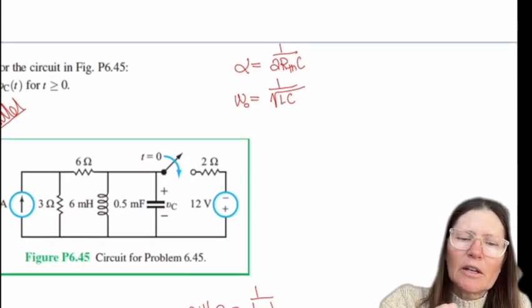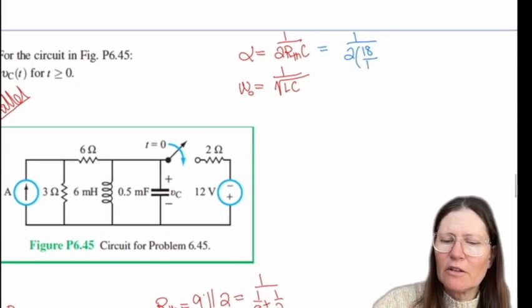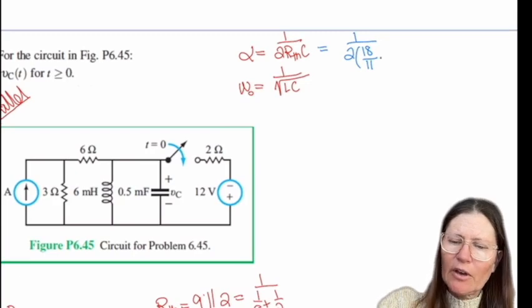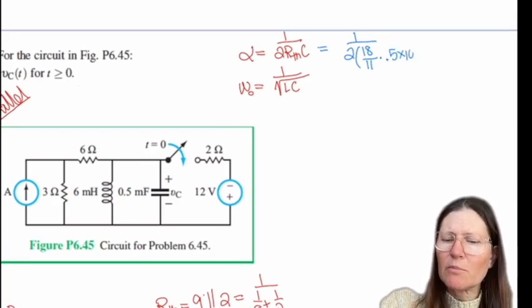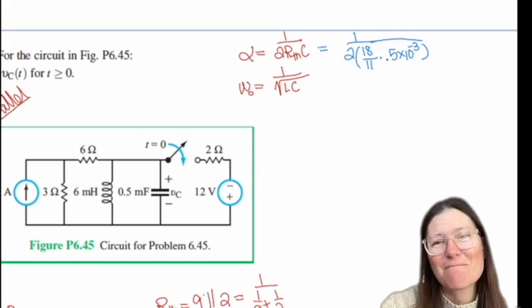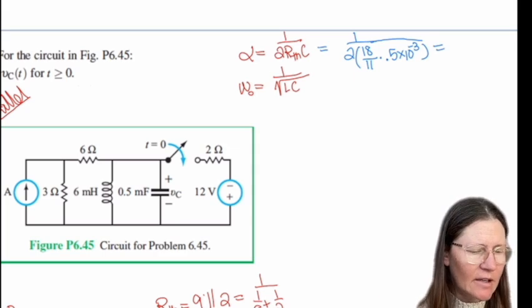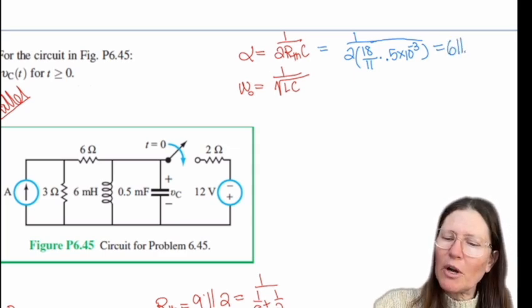So we can plug that in here now, and we get 1 over 2 times 18 over 11, times 0.5 milli, so 10 to the minus 3. This gives us 611.1.